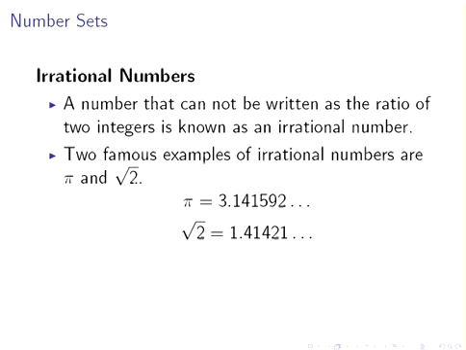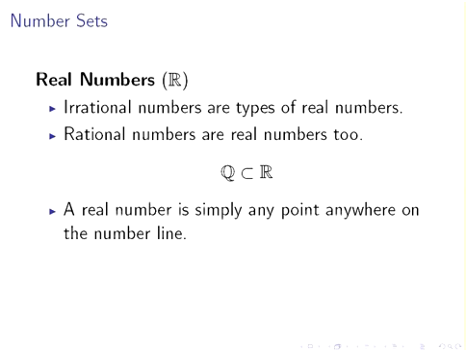You can get a rough guess. Some people would use 22 divided by 7 for pi, but it's not actually correct. It's very close, but not 100% correct. Any number that is not a rational number is called an irrational number.